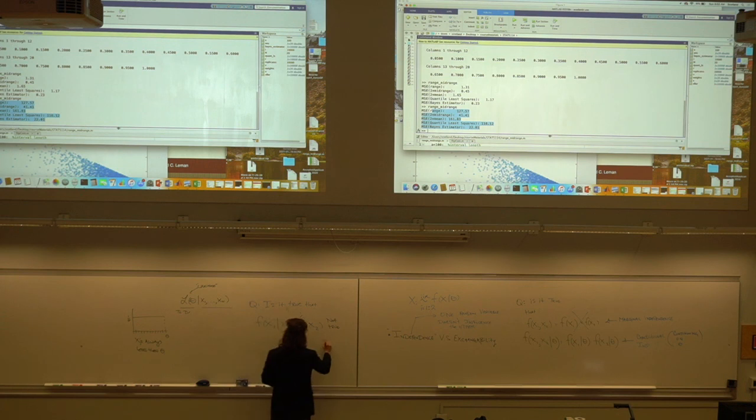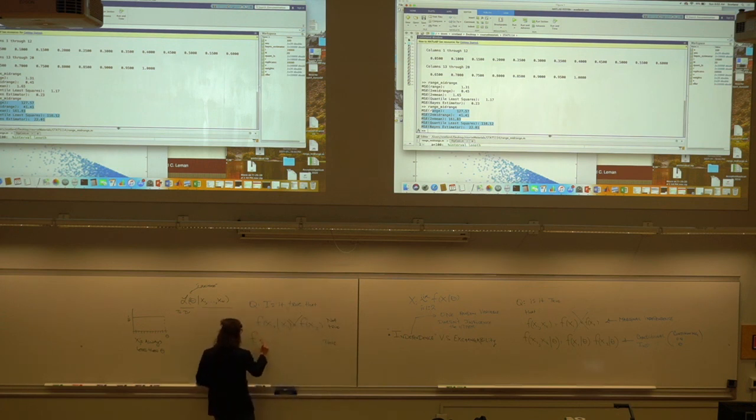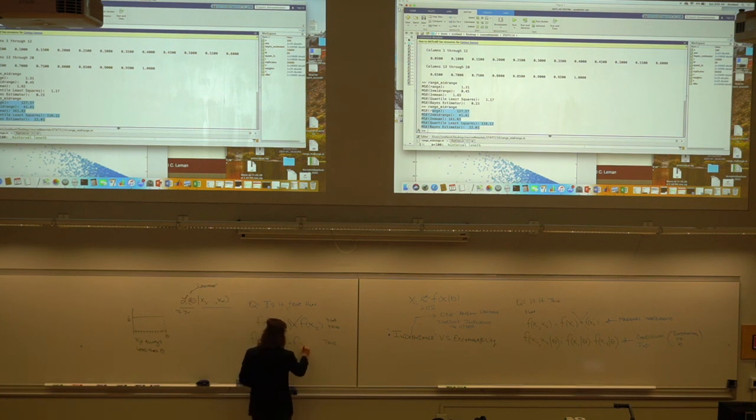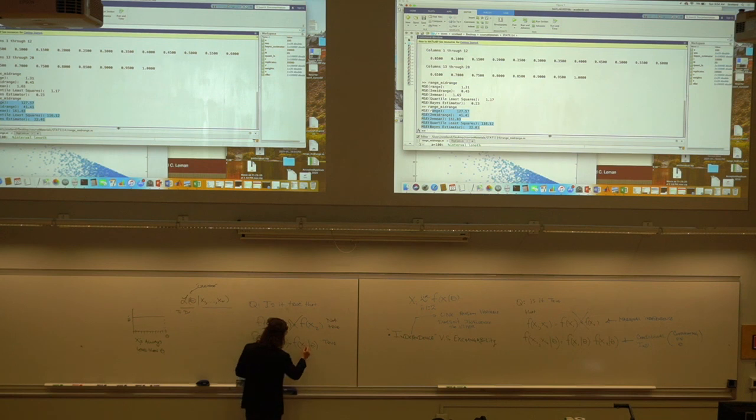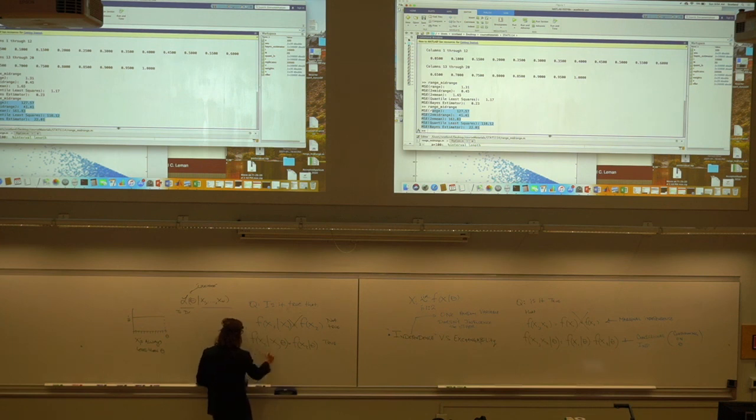But this is true. f of x2 given x1 and theta is equal to f of x2 given theta. That's true. If they're independent. But what I really mean when I say independent is I mean conditional on knowing theta.